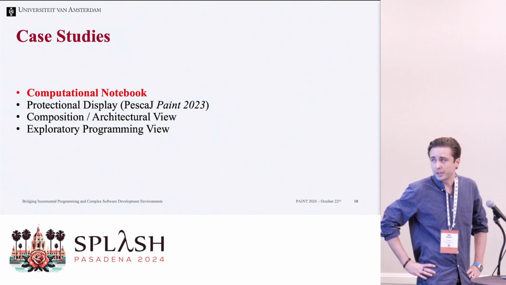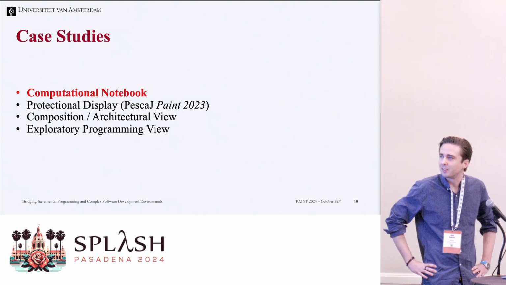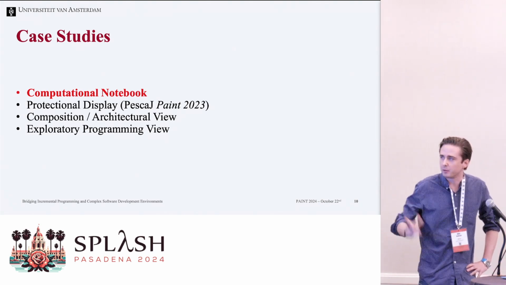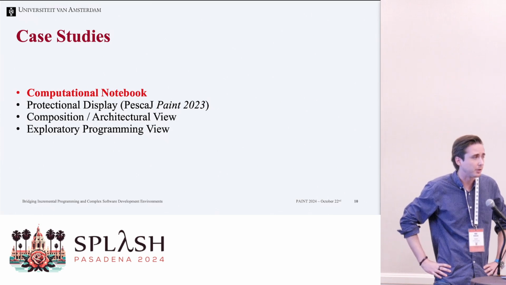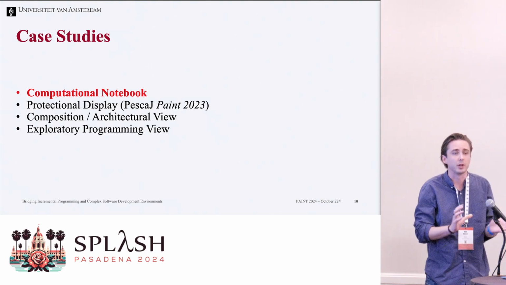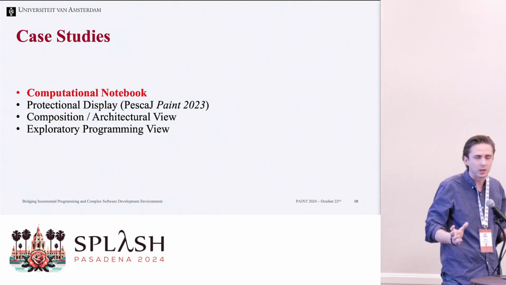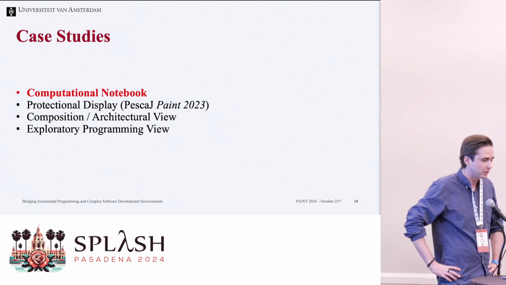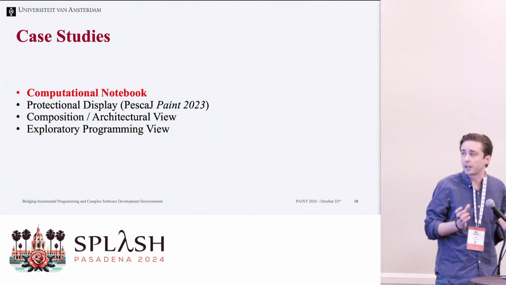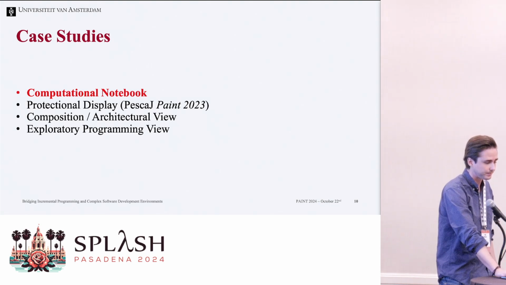We'll also try to do a protection view, I think I spelled this wrong, which was inspired by Pascal J from the previous year's session. Then there's also a compositional or architecture view, where you can rearrange the nodes in a way that almost resembles UML diagrams or class diagrams. And further going on that is the exploratory view, where you can mix and match different executions and compare different nodes.